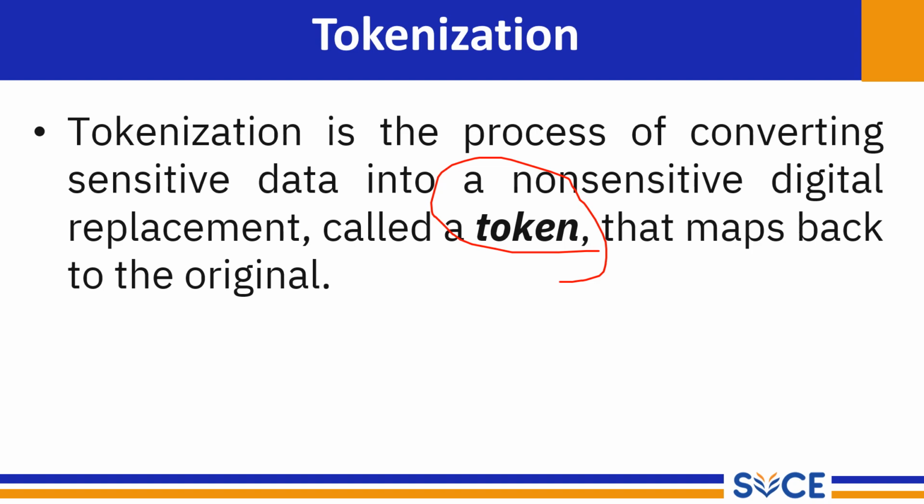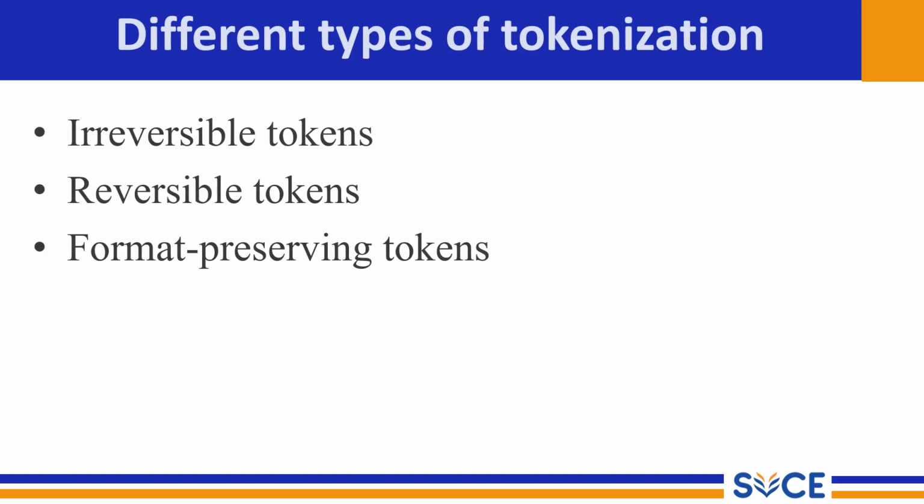The different types of tokenization are irreversible tokens, reversible tokens, and format preserving tokens. What is meant by an irreversible token? Irreversible tokens are just that: tokens that cannot be converted back to the original value.